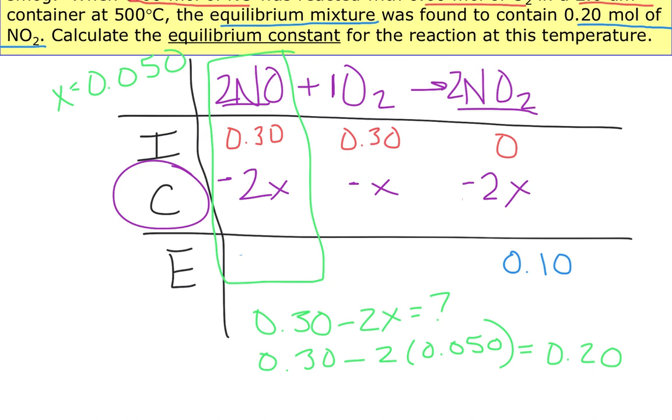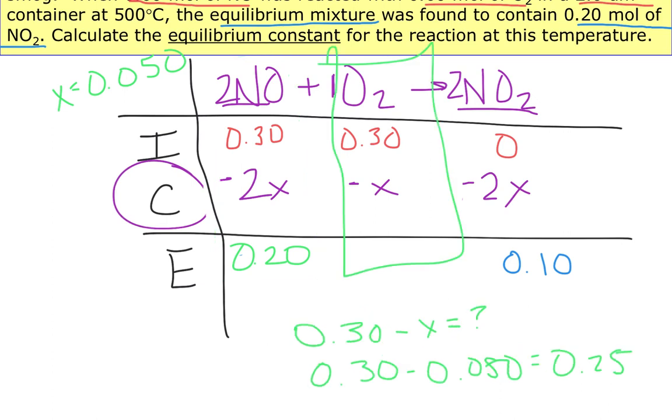So our equilibrium concentration for the nitrogen monoxide is 0.2 molar. And finally, for our oxygen, we have 0.3 minus x, so 0.3 minus 0.05 leaves 0.25. So that's our equilibrium concentration for the oxygen.